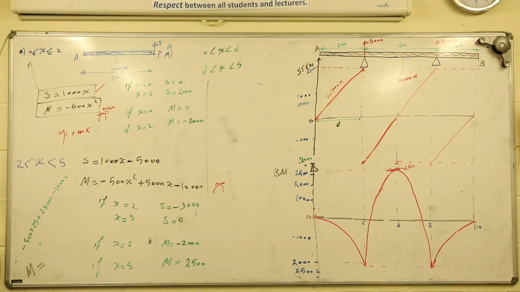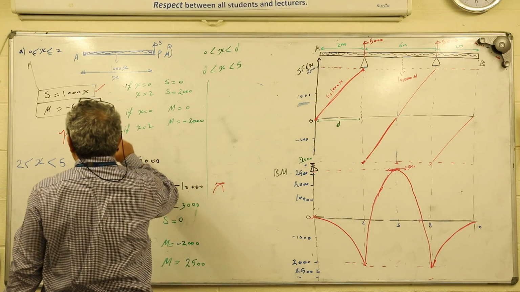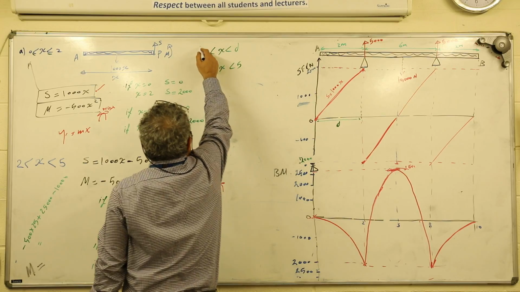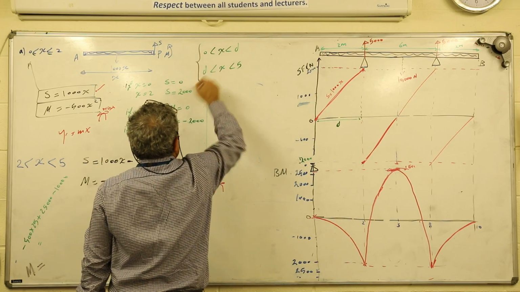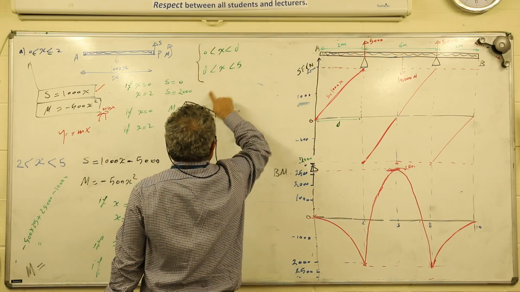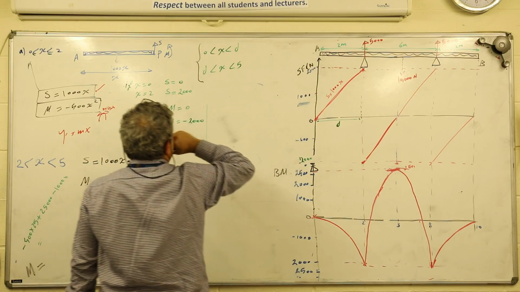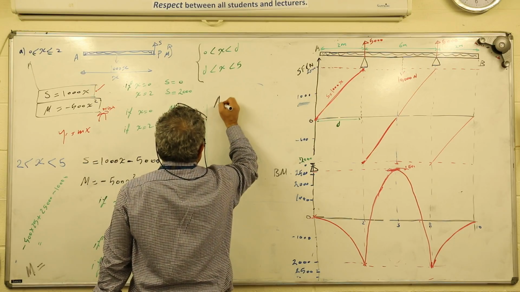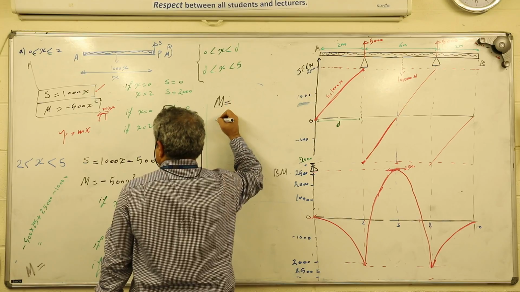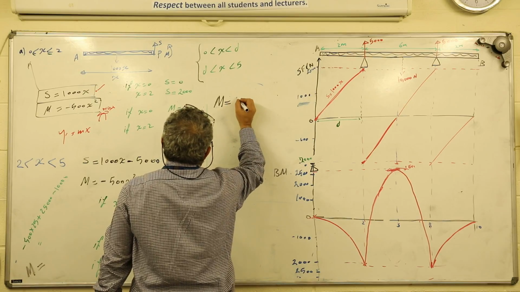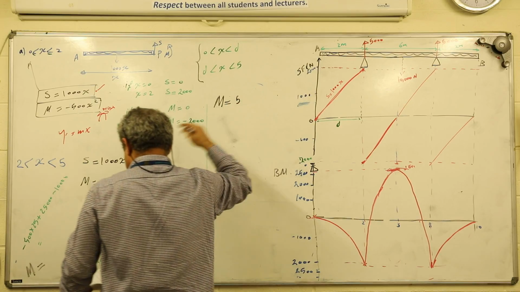So if I change it to the d, instead of the x, can you change it to the d? You have to make an equation like this, another equation this way, between d. And I'm sure the equation of bending moment should be equal to, I think we got 5,000, we have it here.